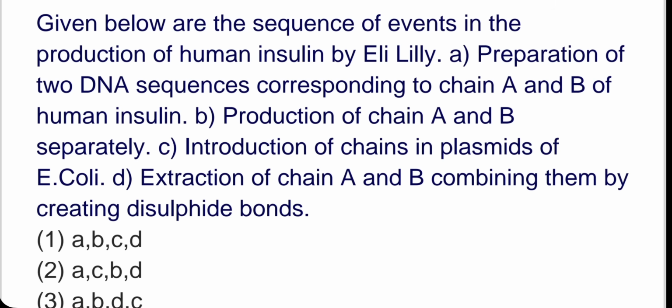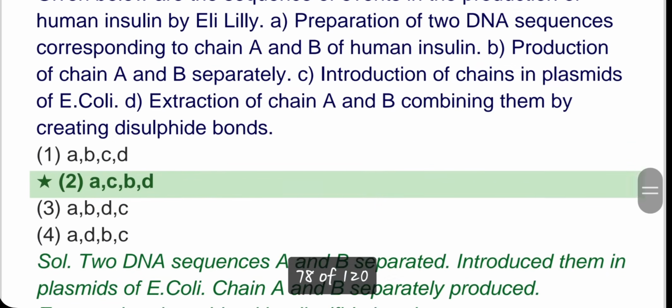So A is the first step, preparation of 2 DNA sequences corresponding to chain A and B of human insulin. Then introduction of chains in plasmids of E. coli, production of chain A and B separately, extraction. So ACBD, the second option is the correct one.